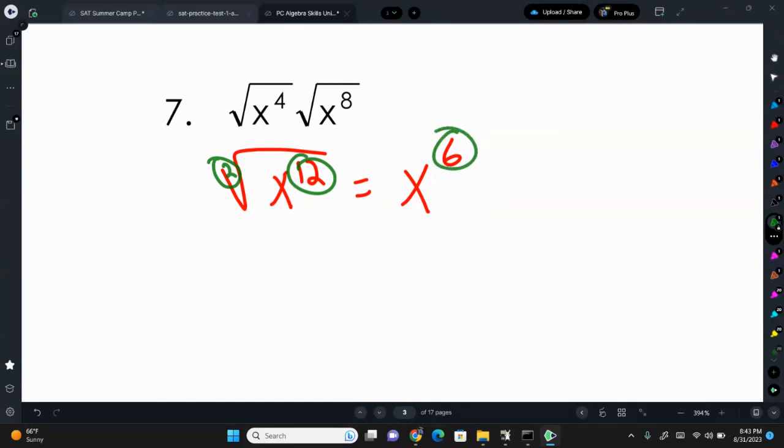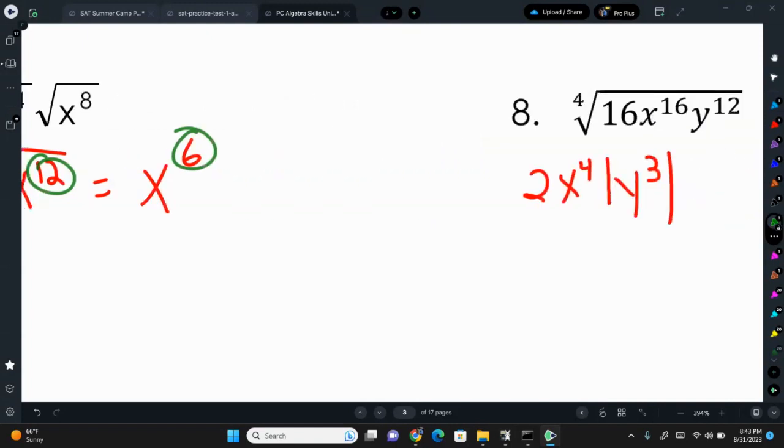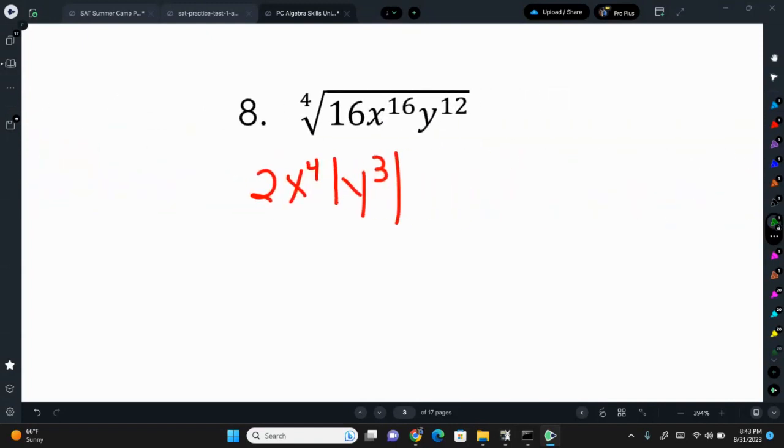So we don't need absolute value bars around that. The reason is that anything to an even power gives you a positive result. Any negative number raised to the 6th power will give you a positive number, so we don't need absolute value around it.